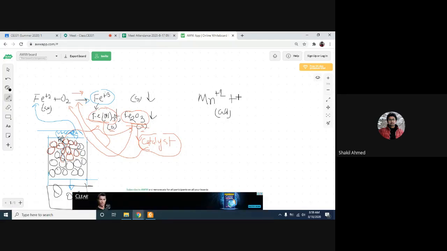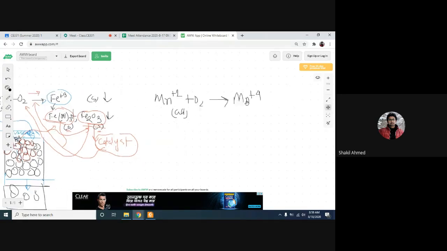When you oxidize this, you will get manganese plus 4 form. This is the oxidized form, which can be represented as manganese oxide, and this is solid and it gets precipitated. Same thing.